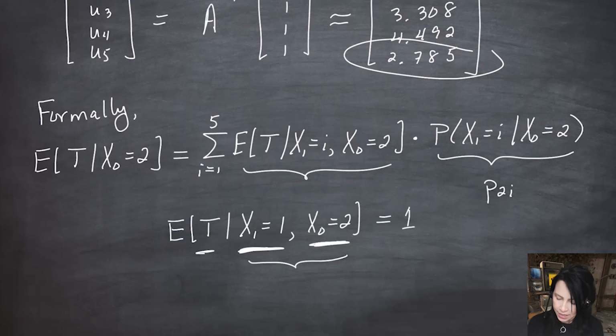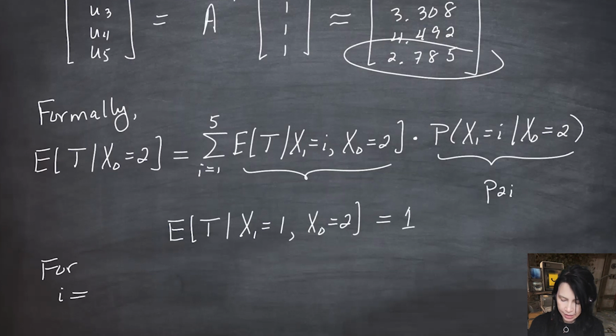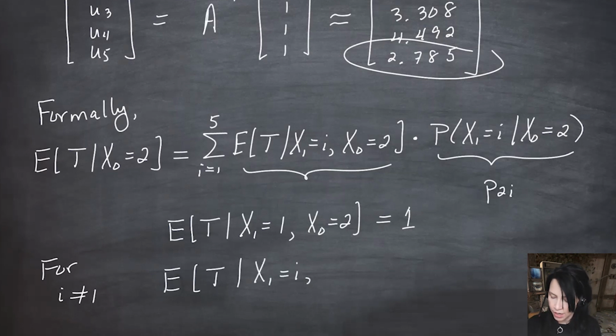In the other cases, for all the other i's that are not equal to 1, when we compute the expected time to first hit state 1, given x1 is i, and we know that that's not 1, and x0 is 2, we want the expected number of steps to hit state 1. We know we've gone from state 2 to state i, and that i was not 1.